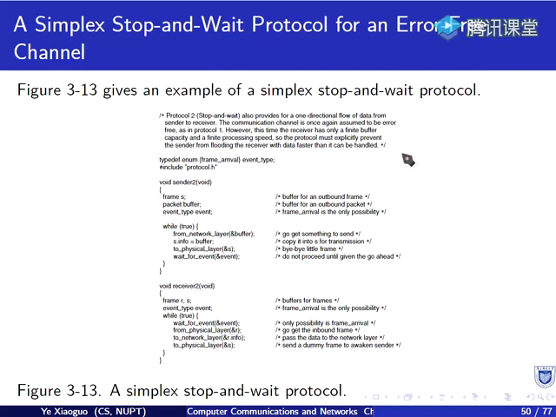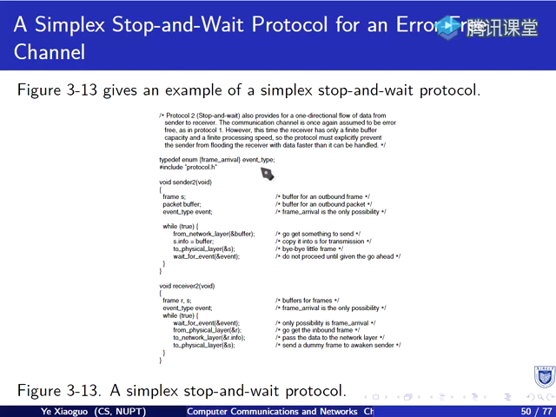The code of the stop-and-wait protocol is illustrated here. Protocol 2, stop-and-wait, provides a one-directional flow of data from sender to receiver. The communication channel is once again assumed to be error-free.